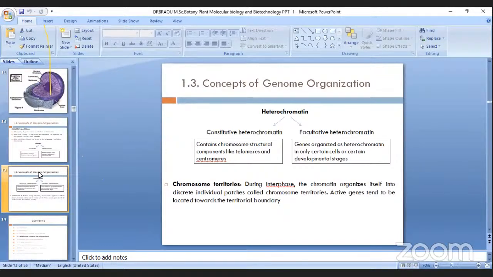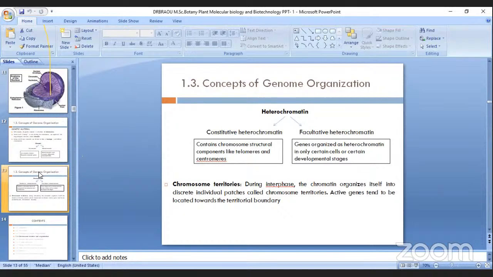Constitutive heterochromatin contains chromosomal structures like telomeres and centromeres. Facultative heterochromatin: genes are organized into this heterochromatin only in certain developmental stages. The name facultative indicates it.